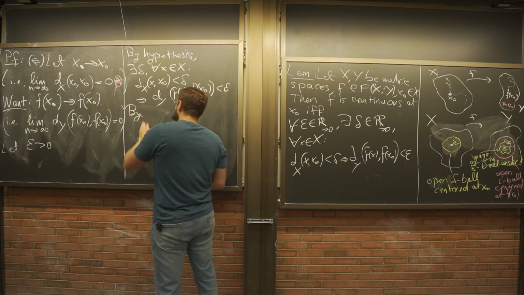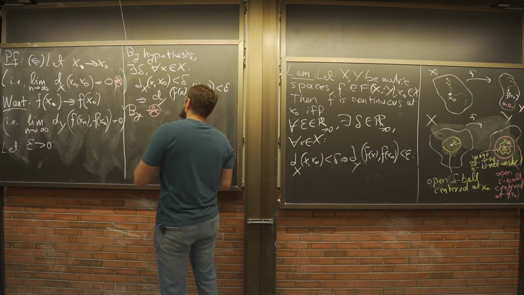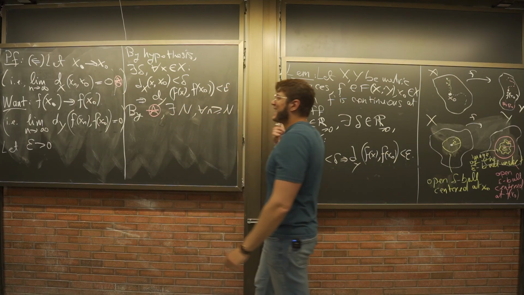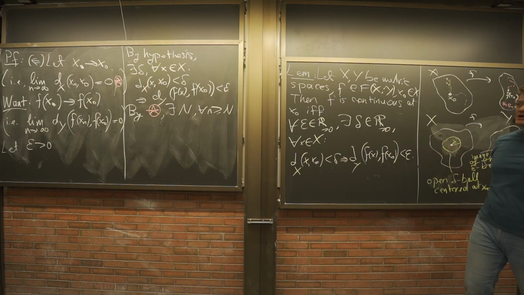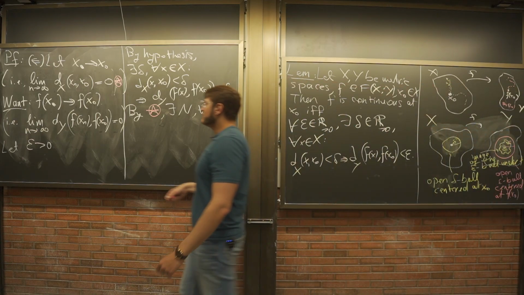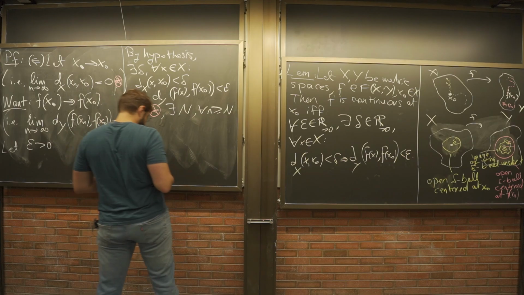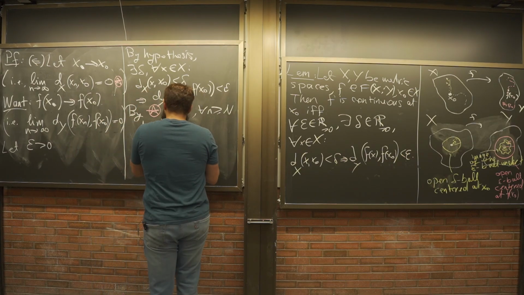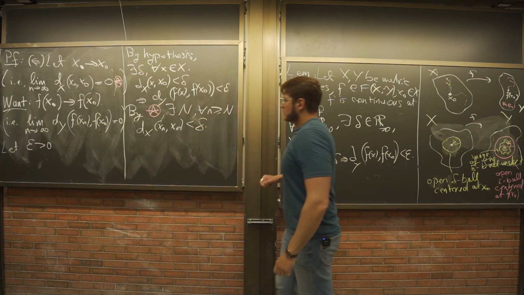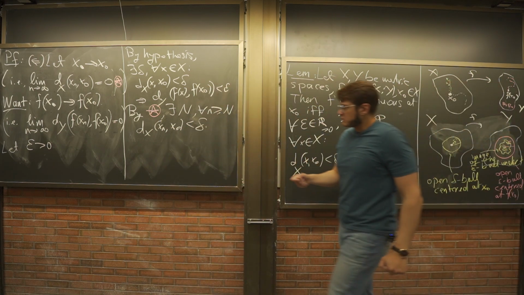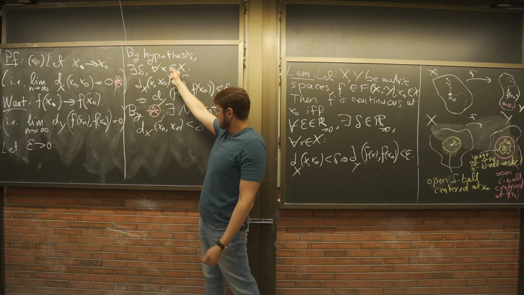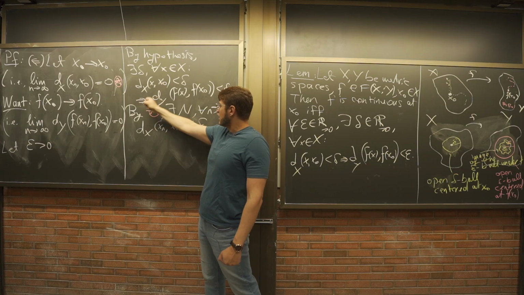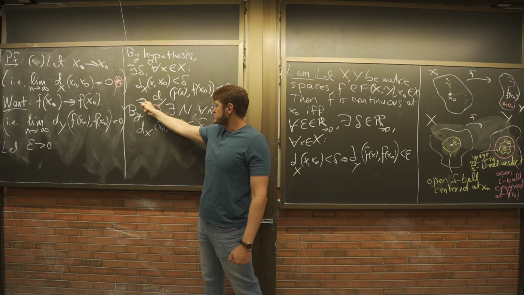By the red star, there is an n such that for any lowercase n after capital N, so I waited capital N times, and after that time, I know that my signal is going to be within delta of x0. Well, x sub n is a point in capital X. If x sub n is within delta of x0, I can apply this implication.